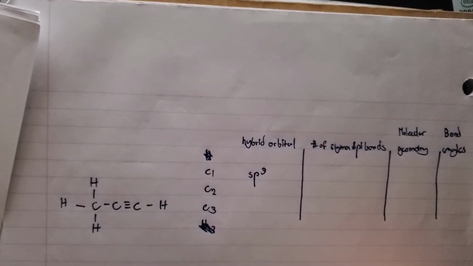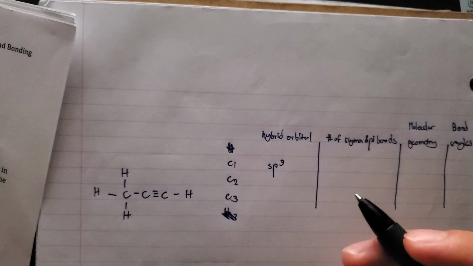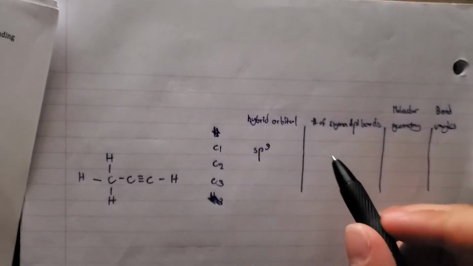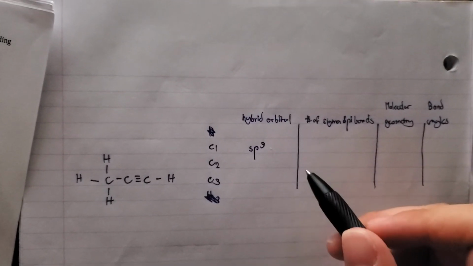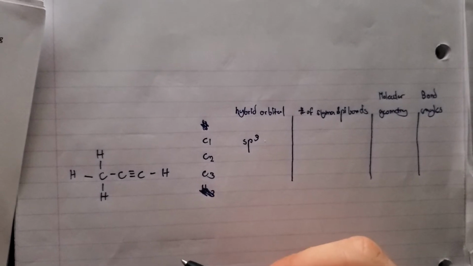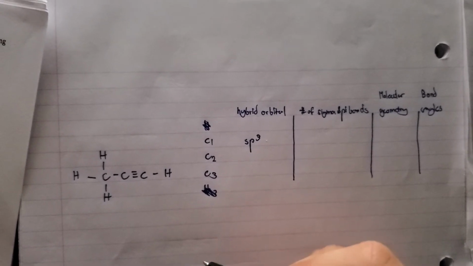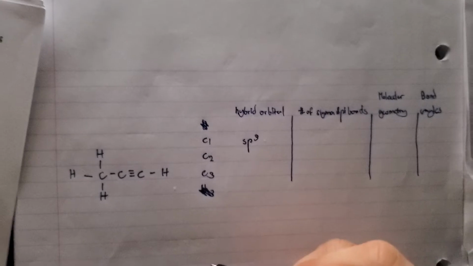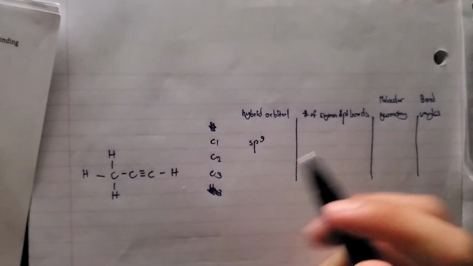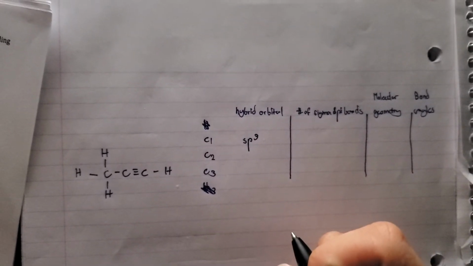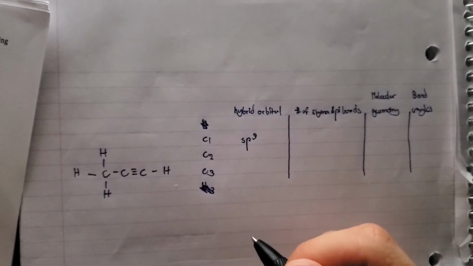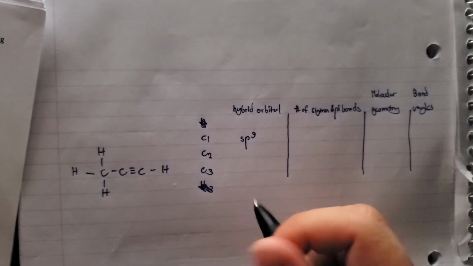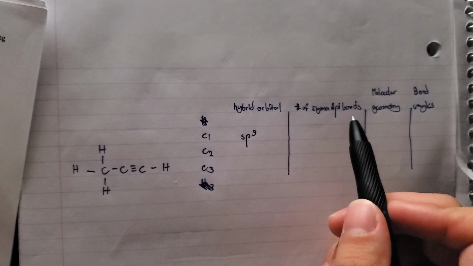Next is the number of sigma and pi bonds. This is actually really, really simple. Keep in mind that we're here to count the single bonds, the double bonds, and the triple bonds, to find these sigma and pi bonds.